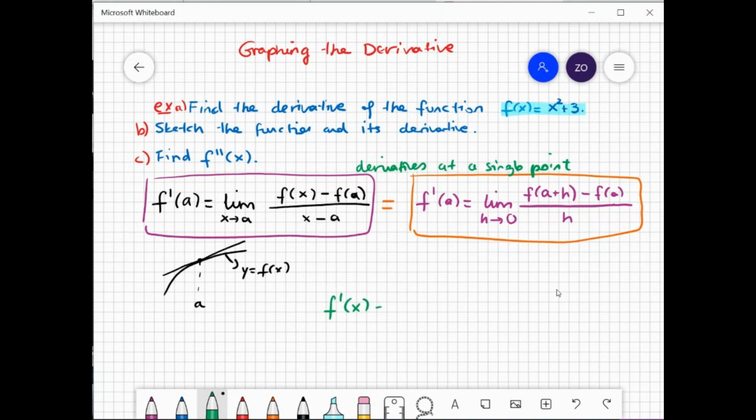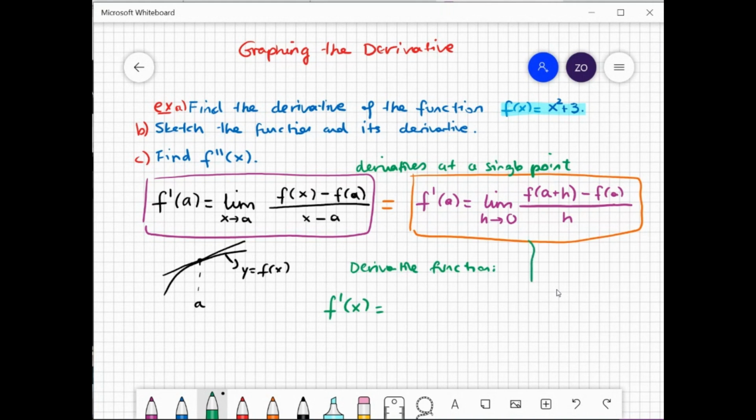Let's call this the derivative function. This is now going to be an expression, a function. When you plug in a value of x, you will find the specific slope of the tangent line at that point.